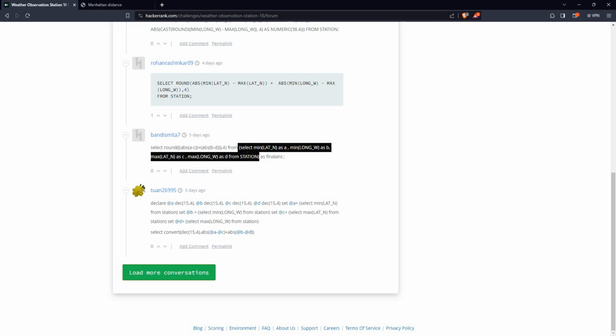So this is called subquery. First of all, they are getting minimum value, maximum value of all these things. They are renaming it as A, B, C, D, and then doing this absolute of A minus C, right? Although this could be done in an easier way, by putting the exact value in place of A and C, this is also one solution, right?